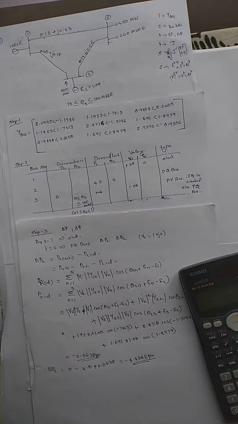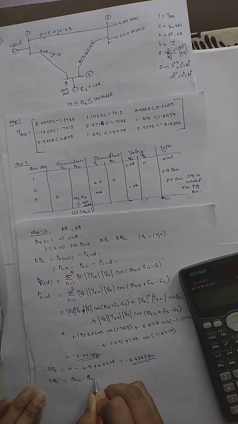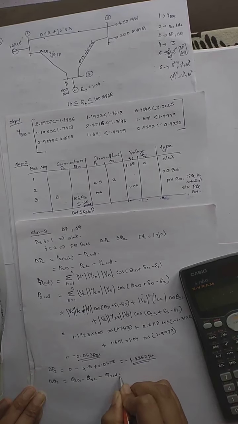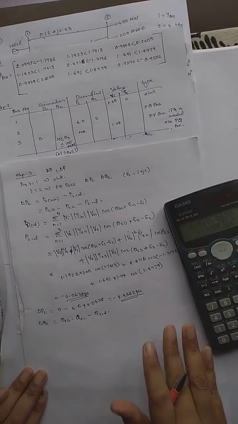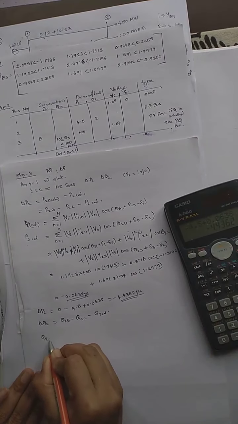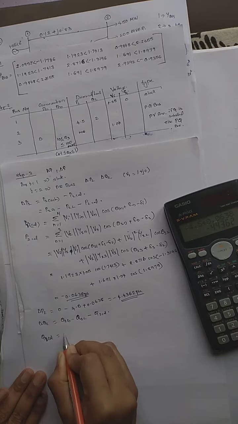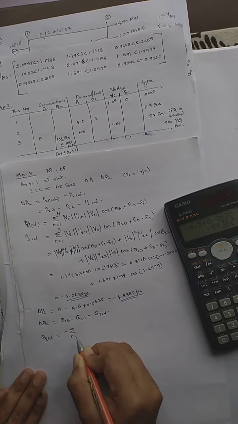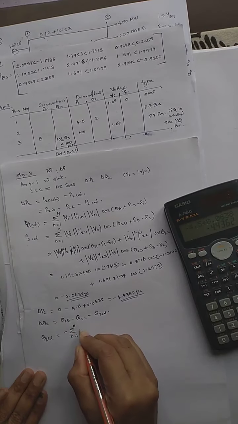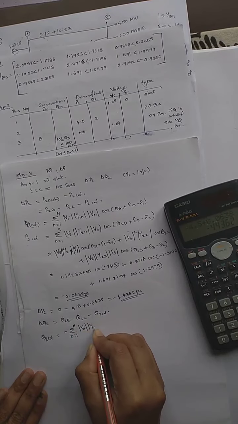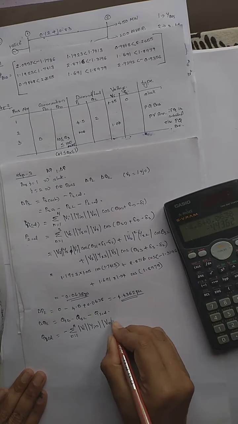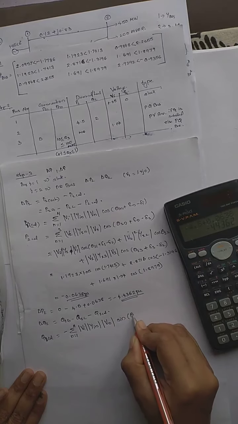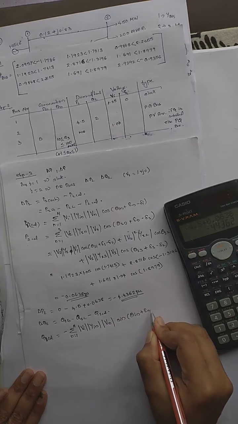Next I have to calculate my delta Q2. Delta Q2 is equal to Q2 generated minus Q2 load minus Q2 calculated. Here it is very difficult to find Q2 calculated, so I am finding it out. Qi calculated is equal to minus sigma n equals 1 to n Vi Yin Vn sin of theta in plus delta n minus delta i.